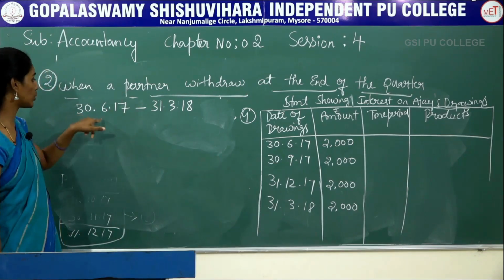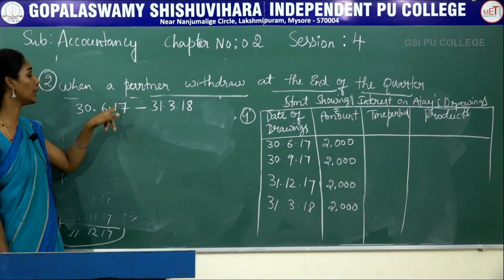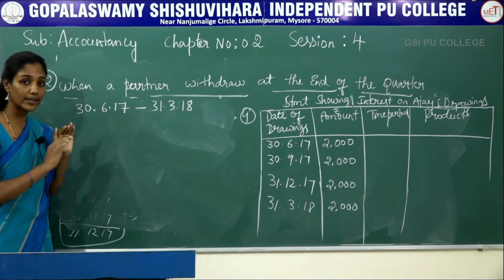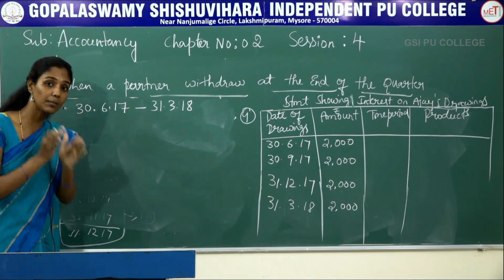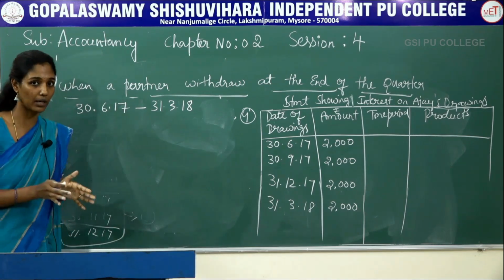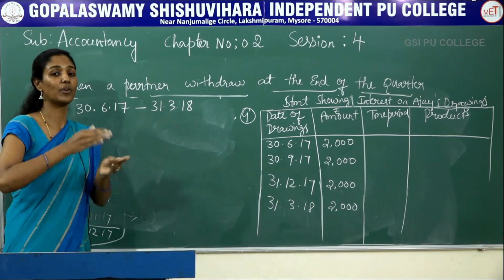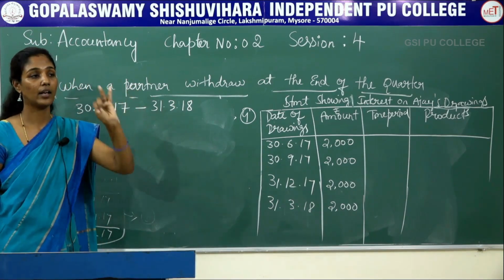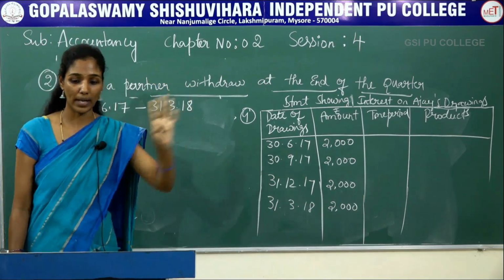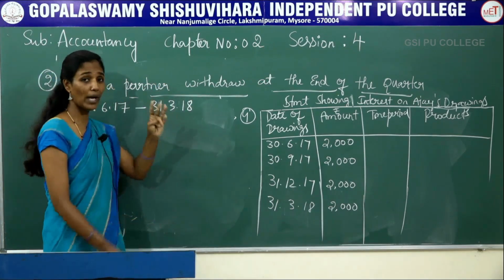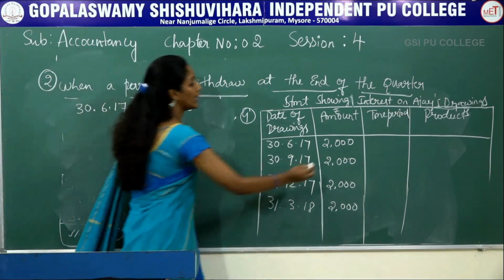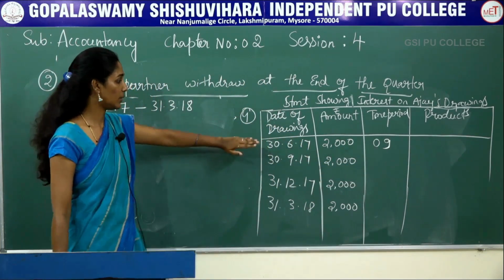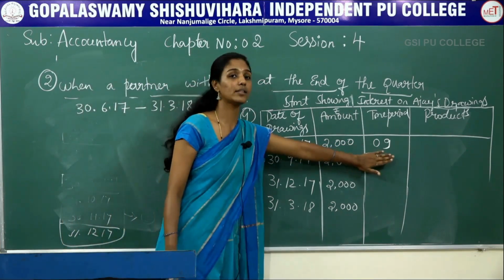Remember, he has withdrawn on the last day of June, so you should exclude the 6th month and start counting from the next month: 7, 8, 9, 10, 11, 12, 1, 2, 3. So the time period is 9 months.